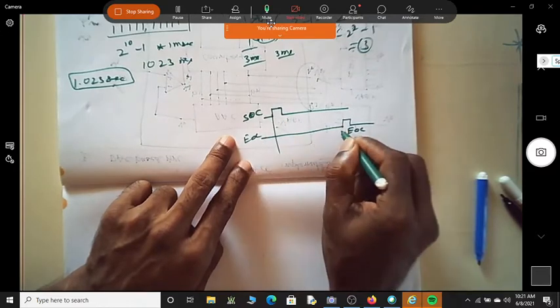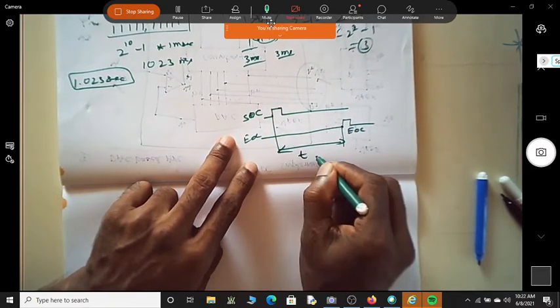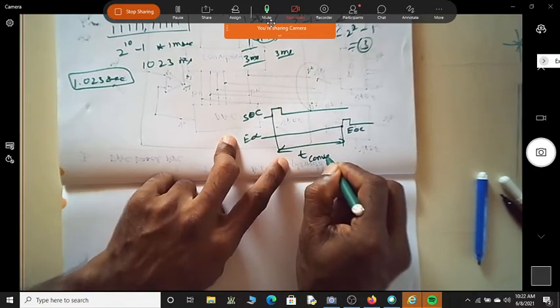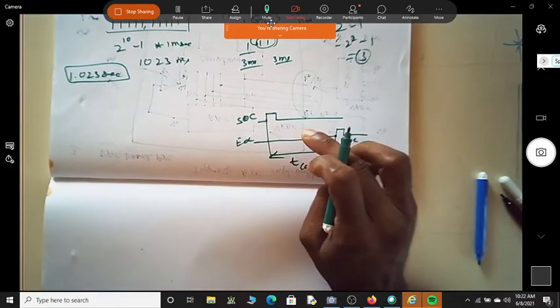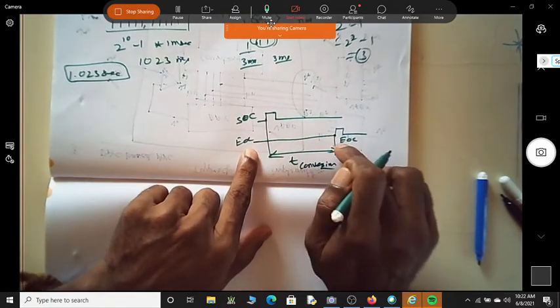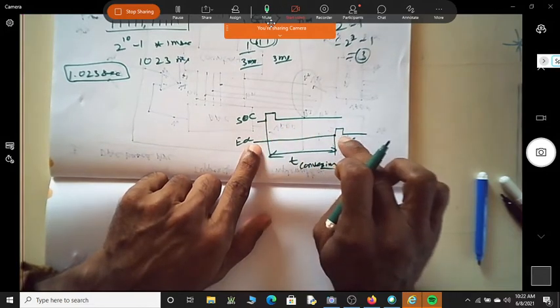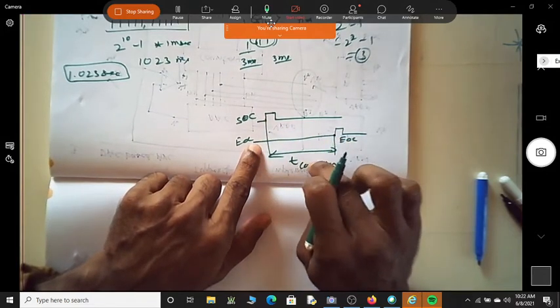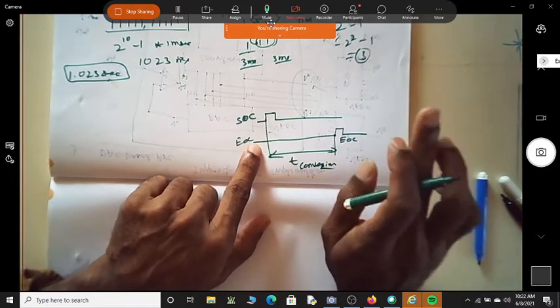It takes this much time to convert. Shall I say T conversion? It is the time taken by the ADC to convert the analog to digital. You can see from this time it is taking till this time to get the digital equivalent of the analog signal.